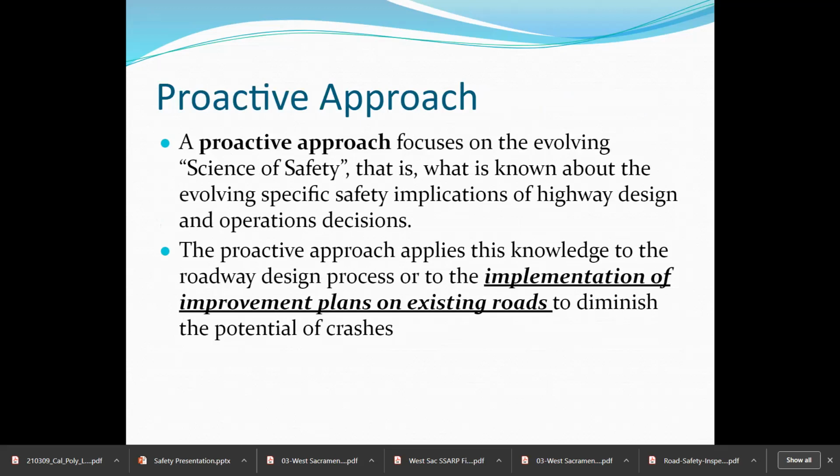So the proactive approach focuses on the evolving science of safety. So what is known about safety implications of highway design and operation decisions, and we try to look for those problems from a user's perspective before we even hand over the road, or sometimes we do it on existing roads as well.